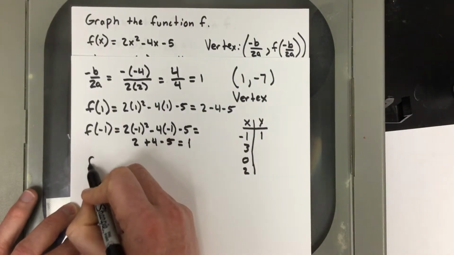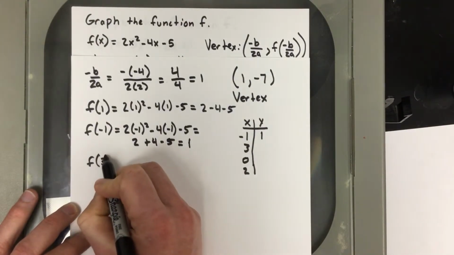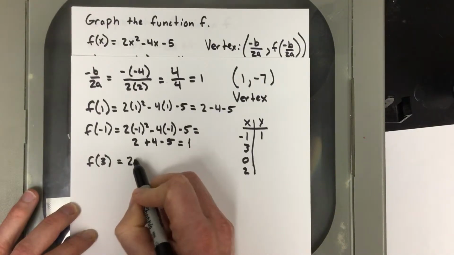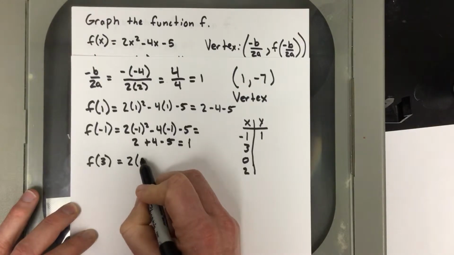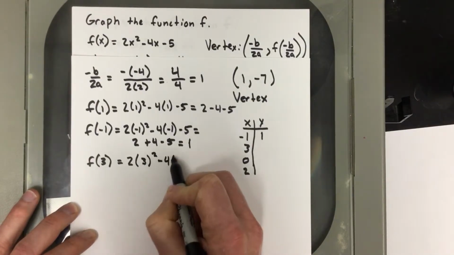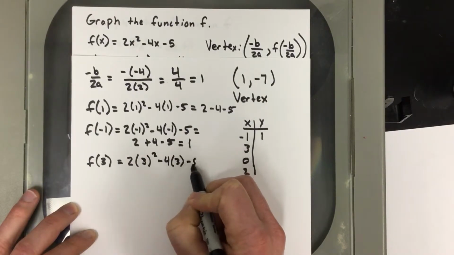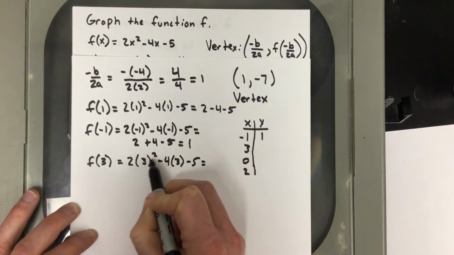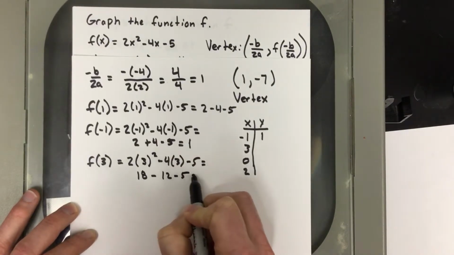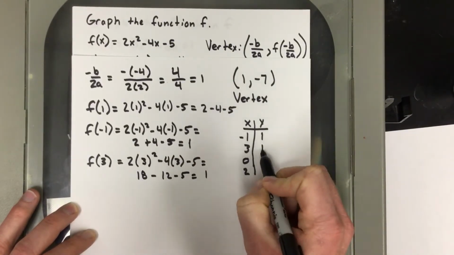So let's plug it in and check. f of 3 equals 2 times 3 squared minus 4 times 3 minus 5. That's going to give, 3 squared is 9, that's 18, minus 12 minus 5. Oh, it does give 1.